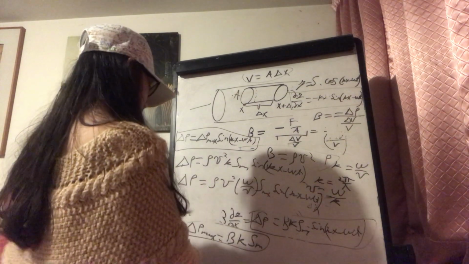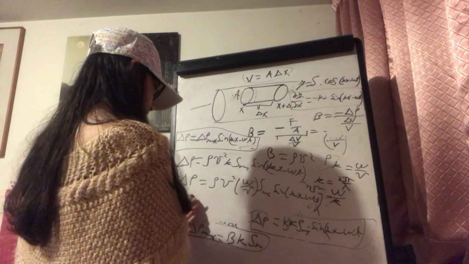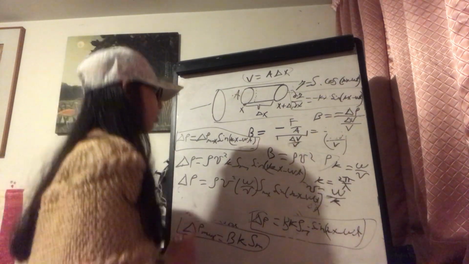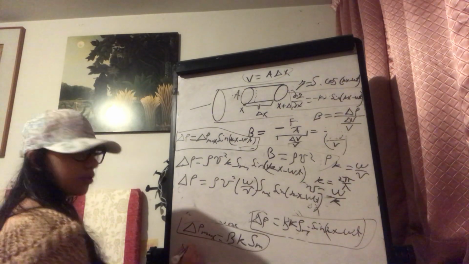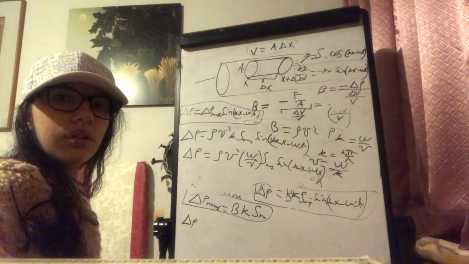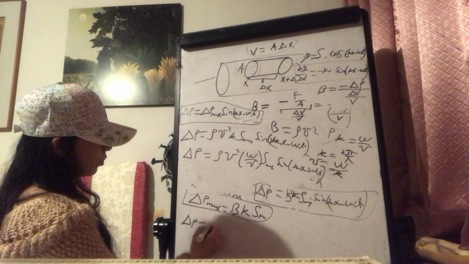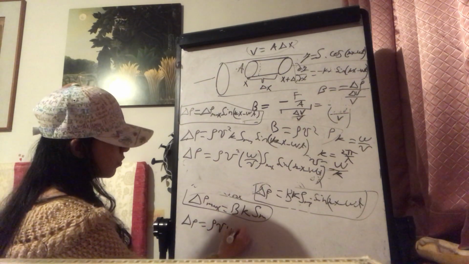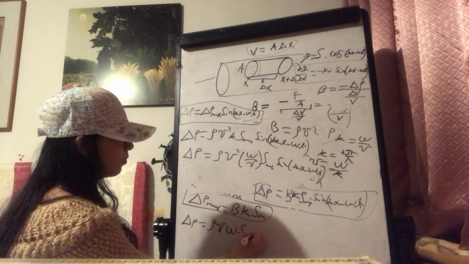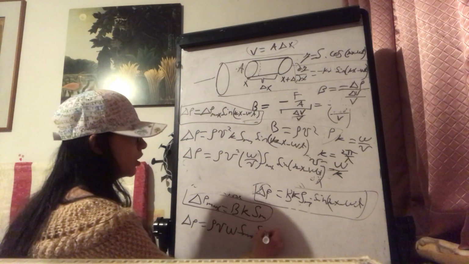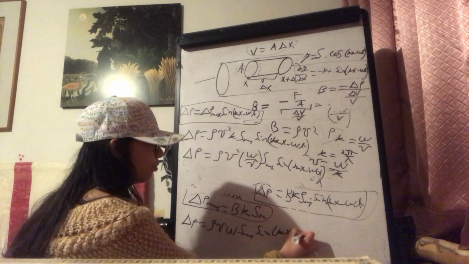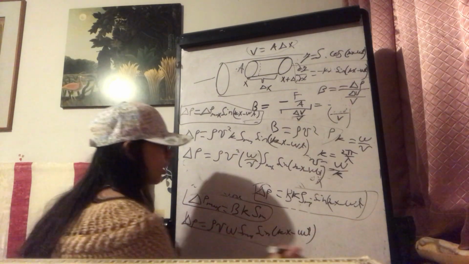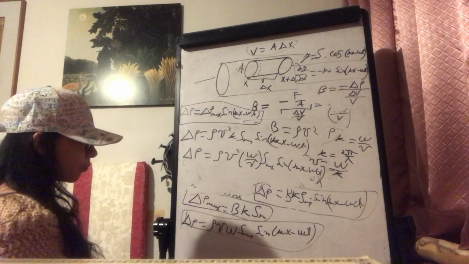So the change in pressure is equal to the density times velocity times omega times the maximum amplitude times the sine of kx minus omega t. This is the maximum pressure.